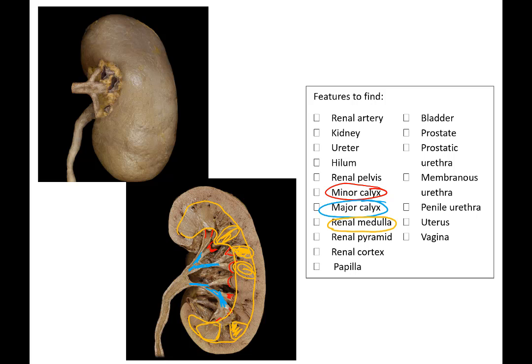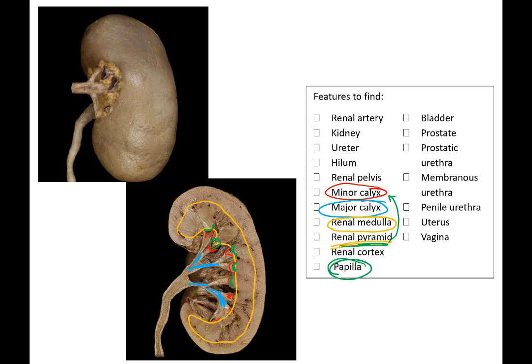So each of these are pyramids. At the bottom of each pyramid is a papilla. The papilla is actually just the bottom part of the pyramid, and this one we really can see a papilla sticking out there. So the papilla is this bottom portion where the urine is coming out. The papilla is part of the pyramid, and it drips urine into the minor calyx.